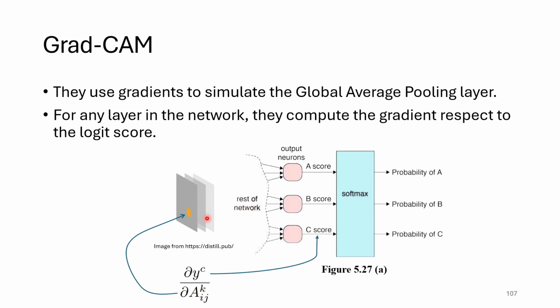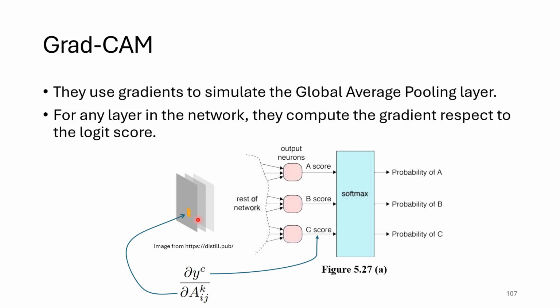This is just a gradient. It means if you slightly change the score here, what will be the change happening on this pixel? So they can compute the value for every pixel, for the first channel, the second channel, the third channel, for every channel.